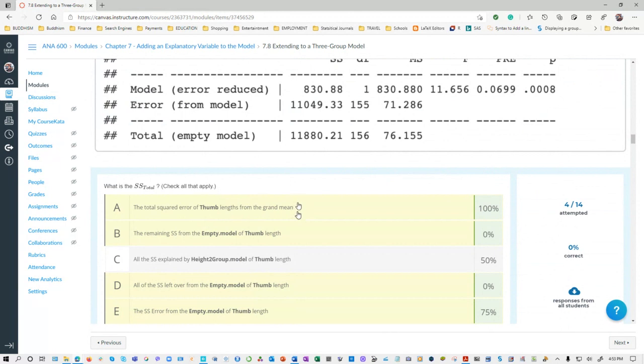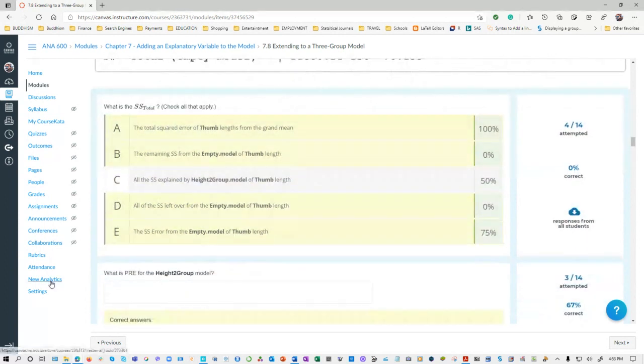That's the same thing. It is all the sum of squared left over from the empty model of thumb length. Same thing. What is PRE in the height two group model?